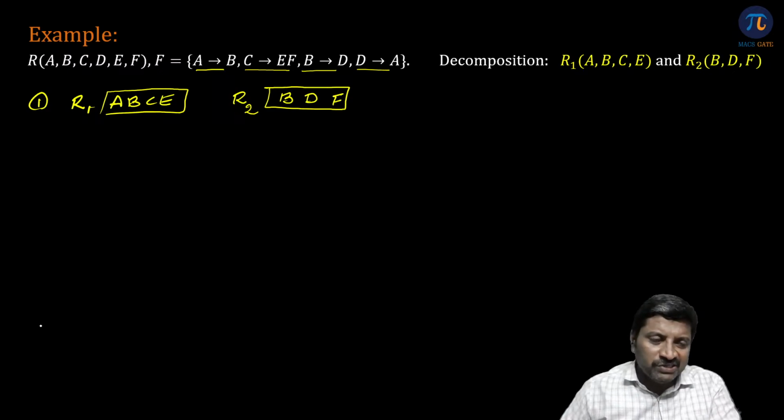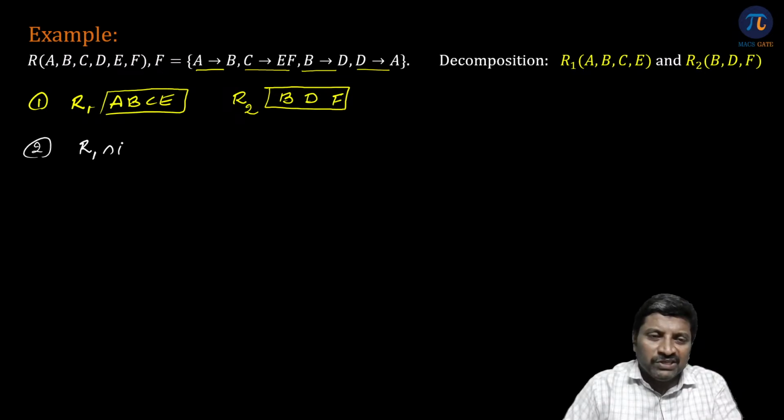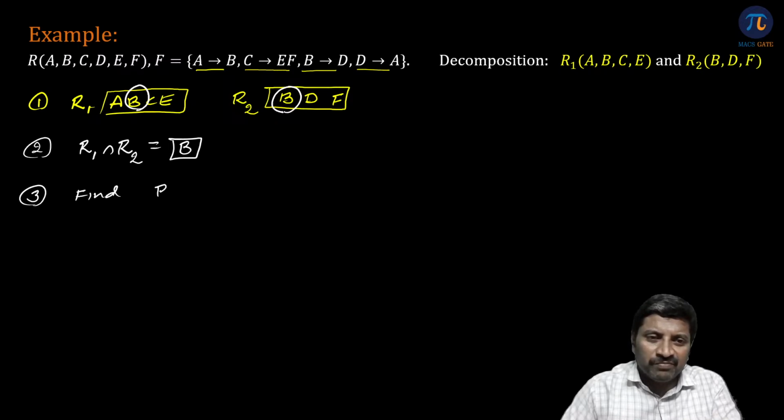What is the first step, sir? The first step is identify the common attribute. What is R1 intersection R2? The common attribute B, E. Yes, I have it. Find the third step. Find the closure of B. What is closure of B?